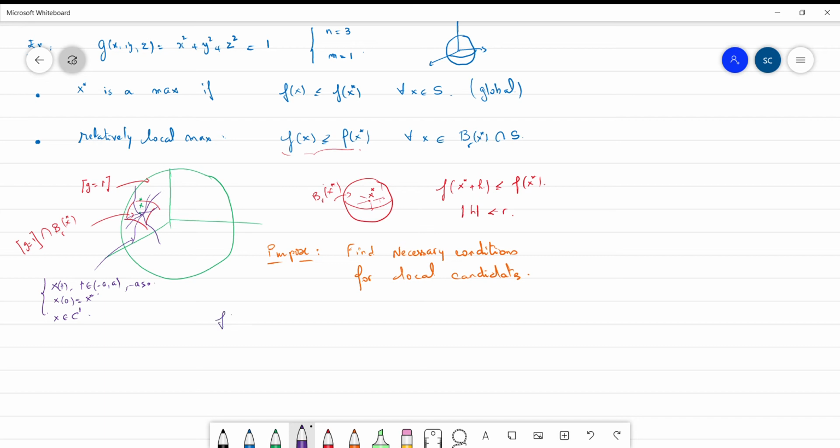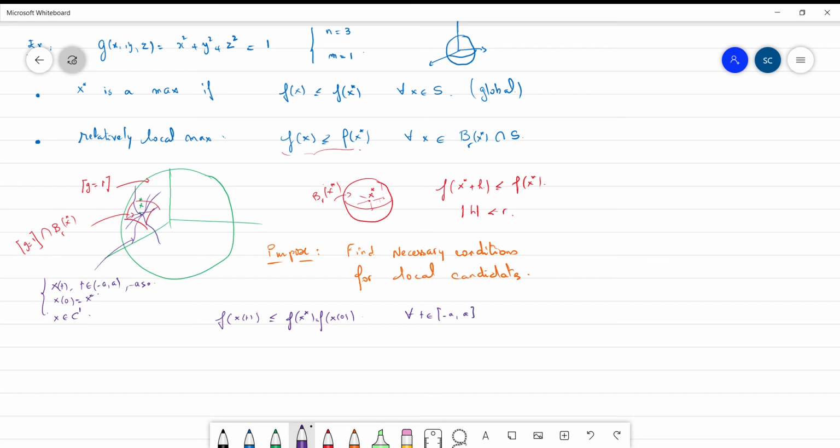As long as I am on this curve, I can have f of x star, which is good. For any t we make this comparison, and we know that f of x star is f at x(0), for any t from minus a to a.